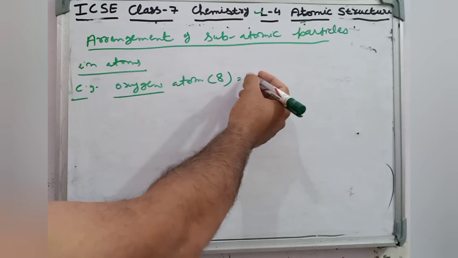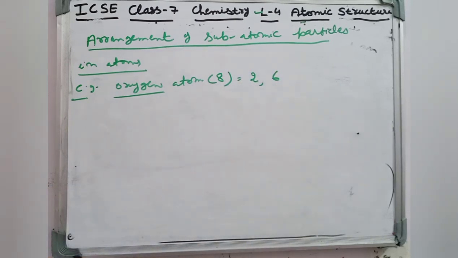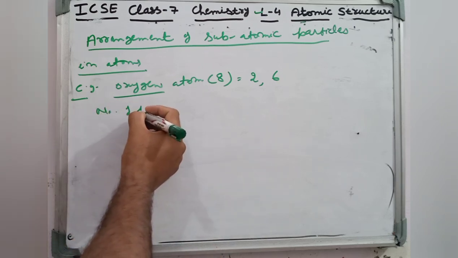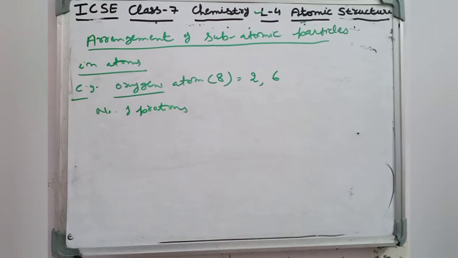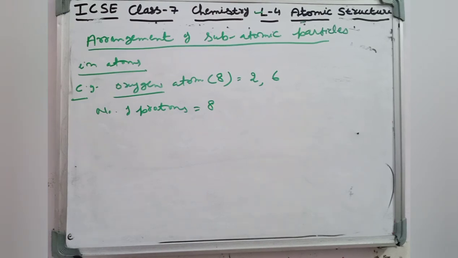In the first shell there are 2, in the second there are 6. Right? Now, the number of protons is equal to 8, that is, its atomic number is 8.